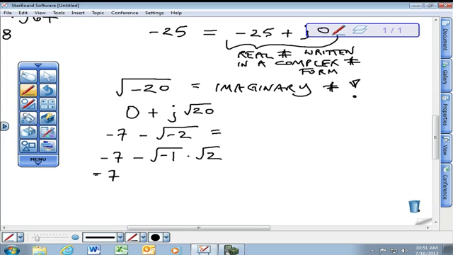I'll just continue to bring down my real number portion. So that's going to be square root of negative 1, that's your J, times the square root of 2. What kind of number is this? You've got a real number, and you have imaginary. In other words, what you've got here is a complex number. All right, make sure you know how to do that. That's important.